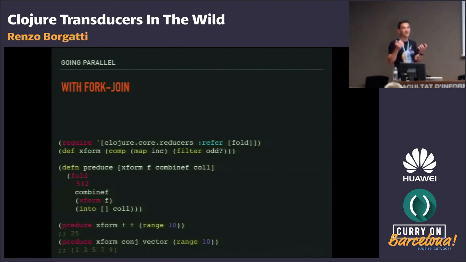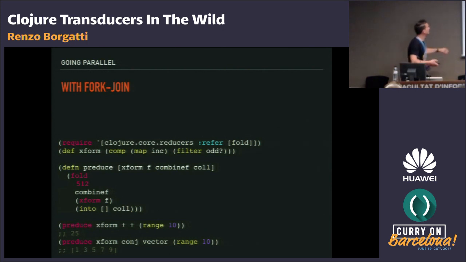So when you give it a vector, this facility is able to chunk it up into pieces, send it to different cores, to different threads, depending on what you have, and then assemble it back together. So if we agree that that is a different kind of transport, and we want to go parallel with our transducer that we saw before, that chain of many things, we can just apply it to the new transport.